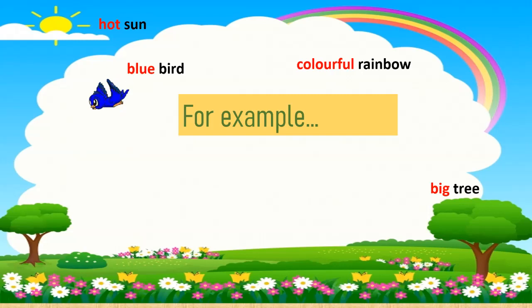It is a big tree. Beautiful flowers. What is the describing word over here? Is beautiful the describing word? Or is flowers the describing word? Good job. It is beautiful that is the describing word. It is saying something about the flowers, that the flowers are beautiful.